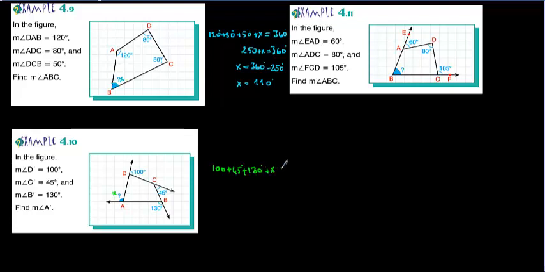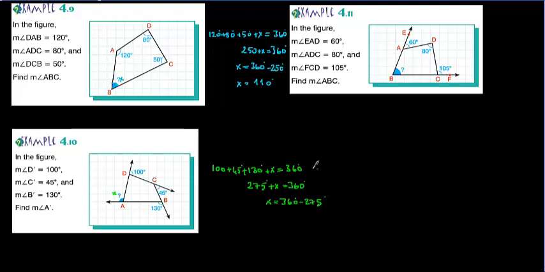These are the sum of exterior angles of the quadrilateral, and that is equal to 360 degrees. So 100 plus 45 is 145, plus 130 is going to be 275. 275 plus x is equal to 360 degrees. x is equal to 360 minus 275.